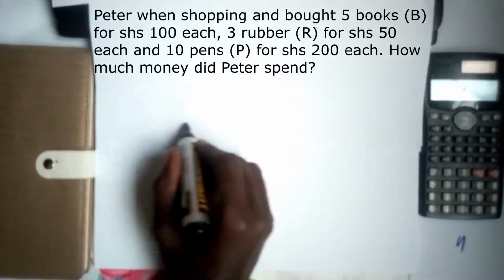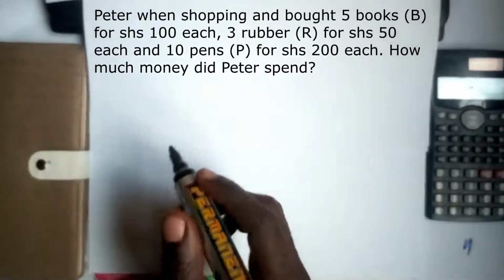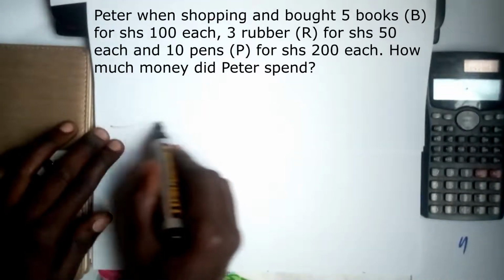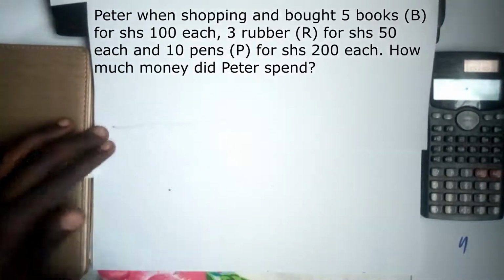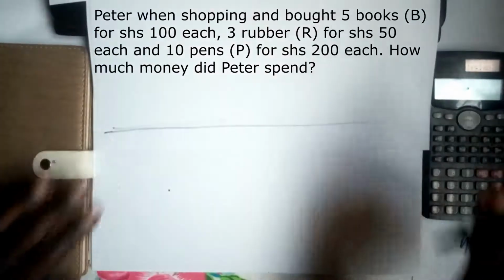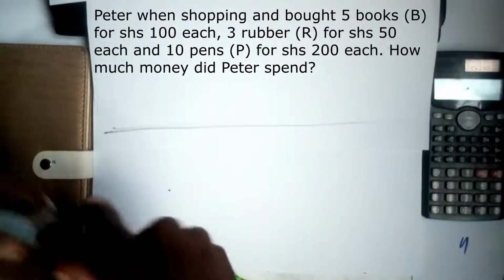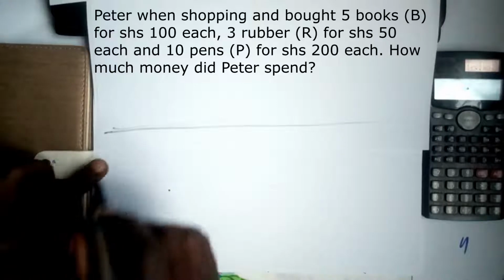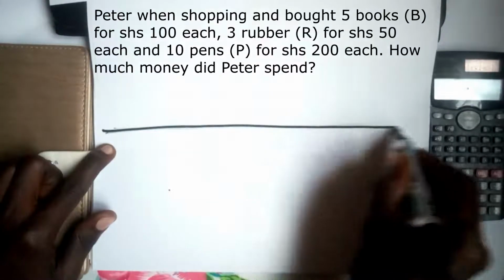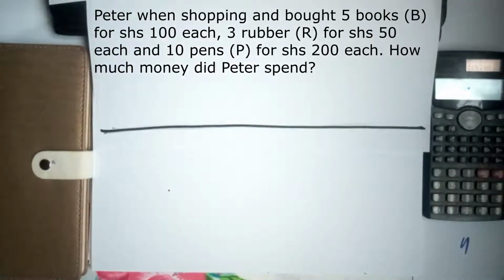So if we are to look at the question critically, we are going to analyze different things. That Peter went shopping and bought 5 books.